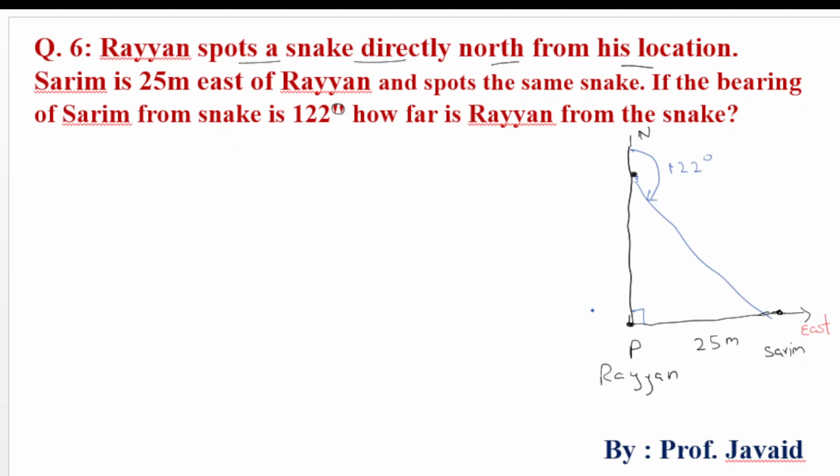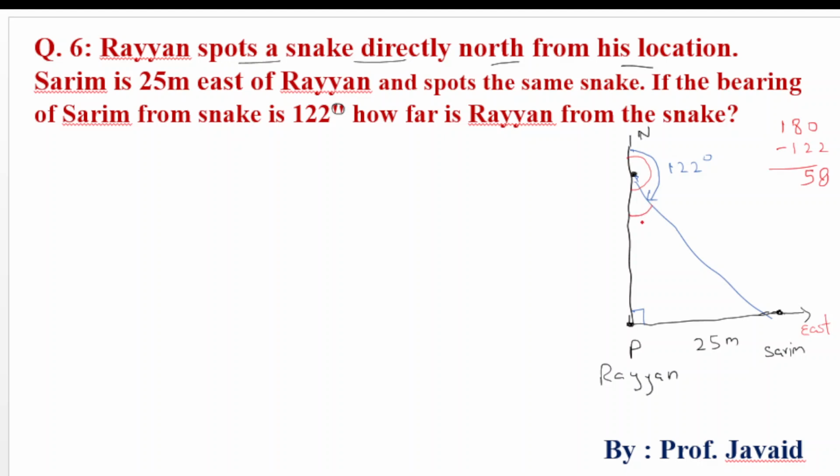What more do we know here? We know the straight angle. Already told, in a straight line the total angle is how much? 180. So what we have to do? 180 minus 122, so what you will get here is 58.